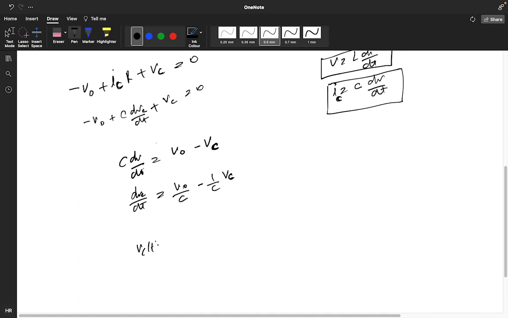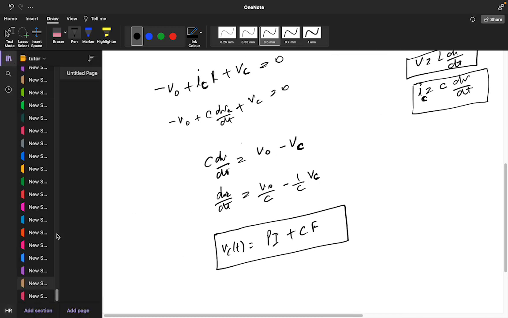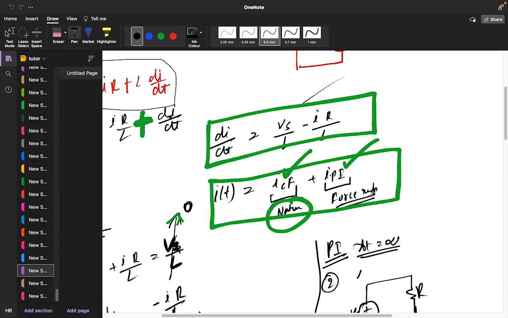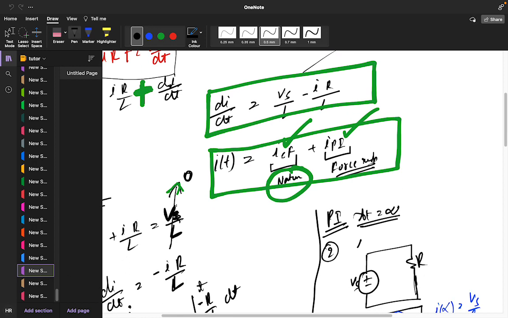Our Vc of t will be the particular integral plus the complementary function. In yesterday's class we saw that the complementary function is for the natural response, and the particular integral is for the forced response.